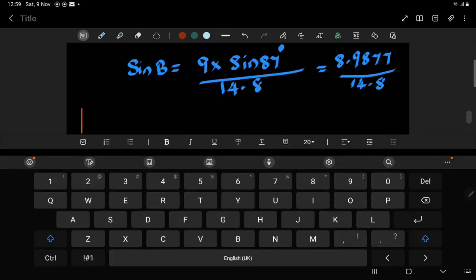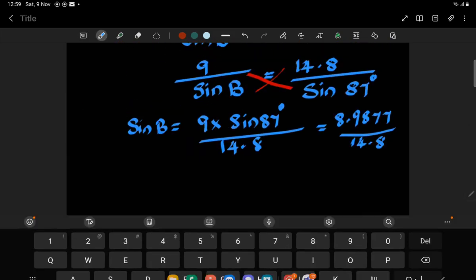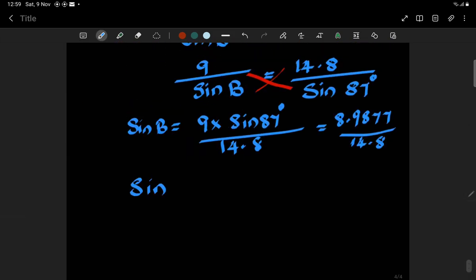Use the calculator, and you will get sine B equal to 0.6073.